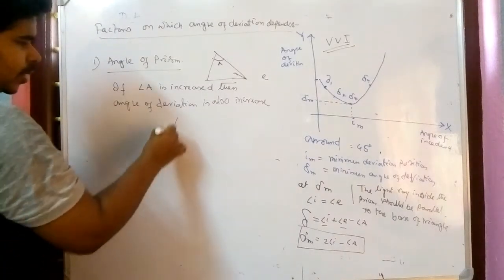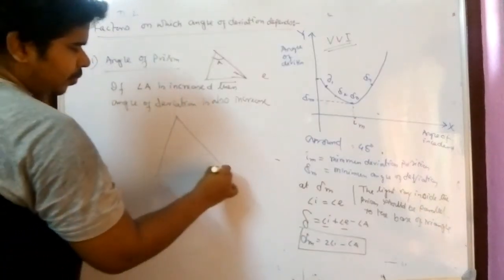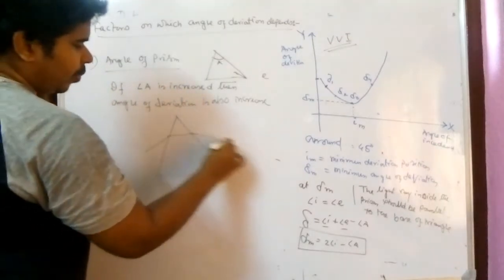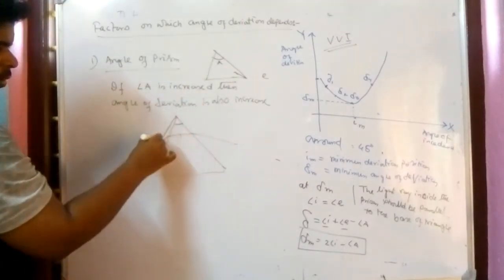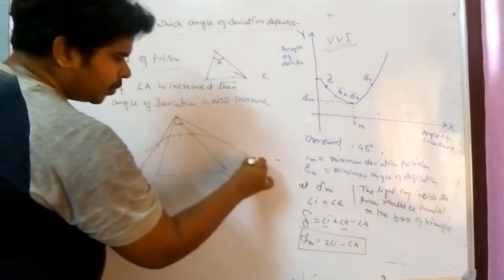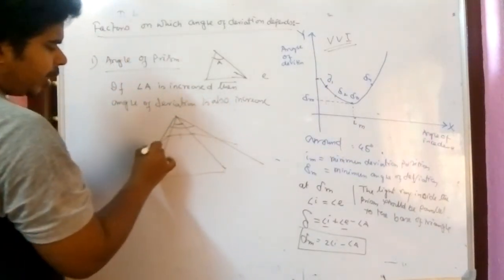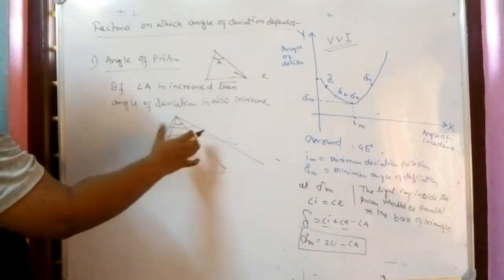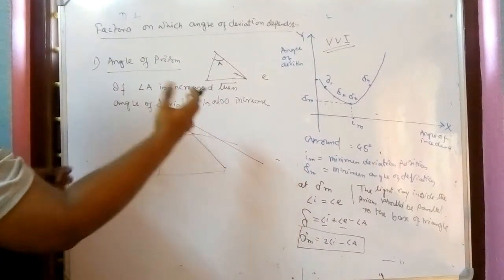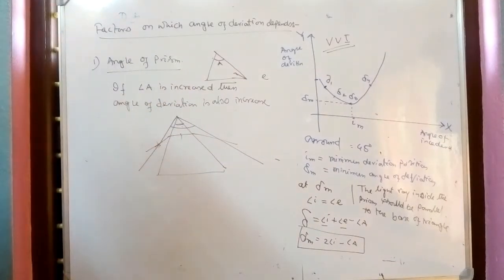Practically, we can see that if the light ray travels through the prism by this path, and the angle of prism increases like this, the light has to cover a larger distance through the prism because it will be thicker, and that's why the deviation will be more.